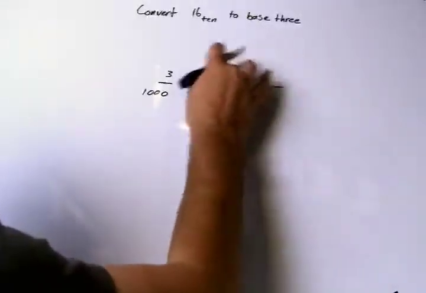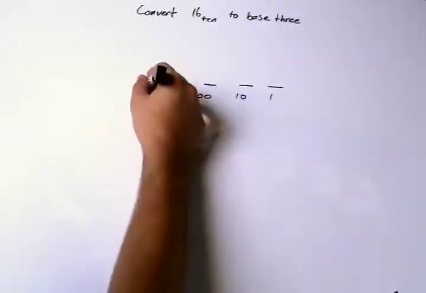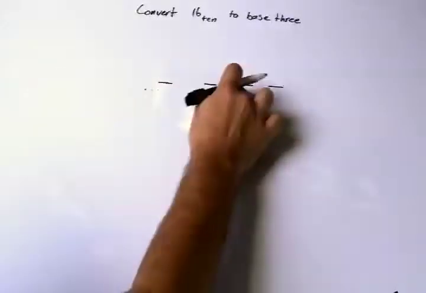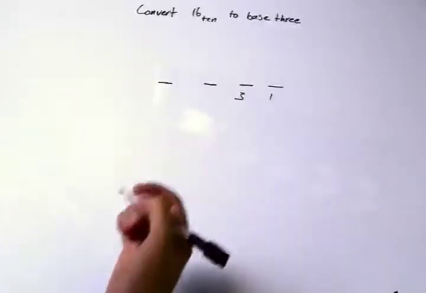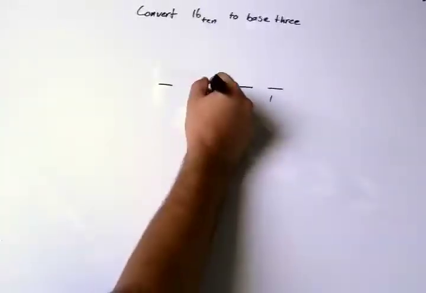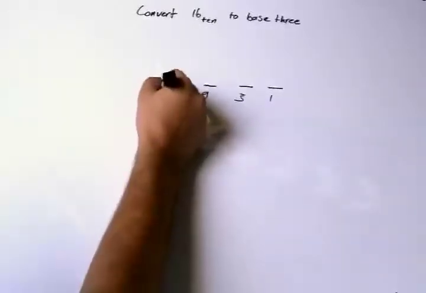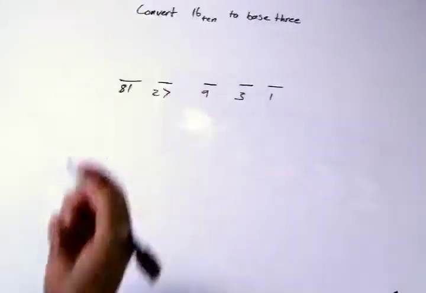But what's happening here is that we're changing bases. We're not increasing by 10 each time like we would in the base 10 system. Instead, what we're doing is increasing by 3 each time. So this would be the 3's spot. And the next one over would be 3 times larger, which is 9. And the next one over would be 3 times larger, which is 27, and so forth and so forth.